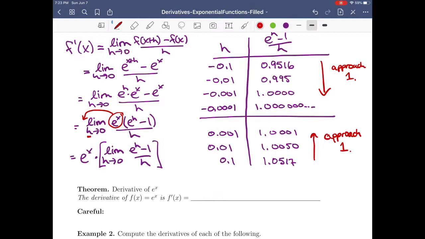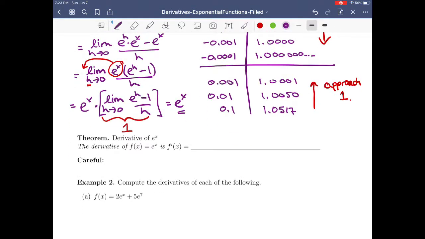So this limit is actually equal to 1, which means our derivative is just e to the x. So e to the x is its own derivative. Another way to write that is d by dx of e to the x is e to the x.